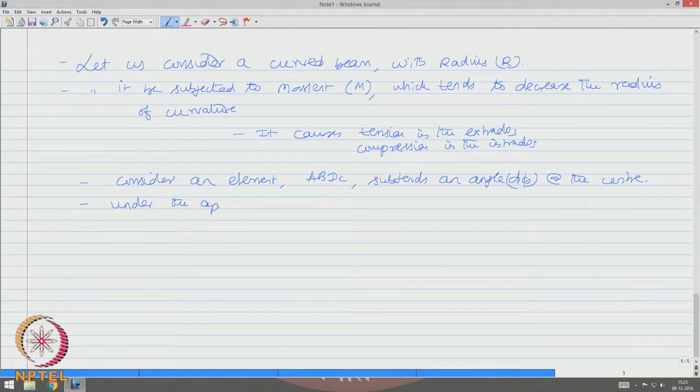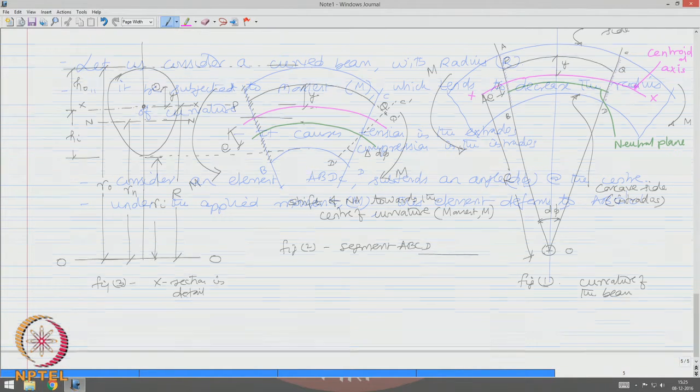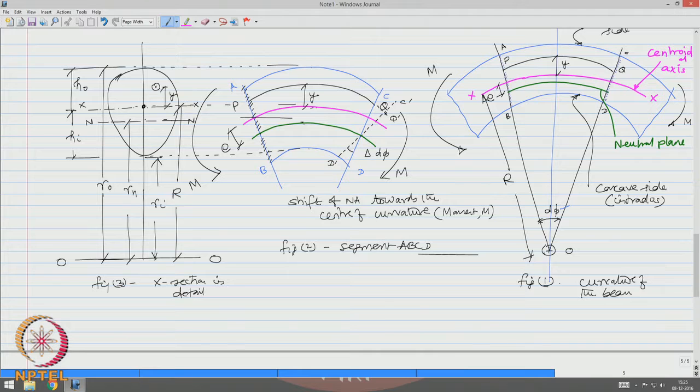Under the applied moment M, this element deforms to A B D' C'.